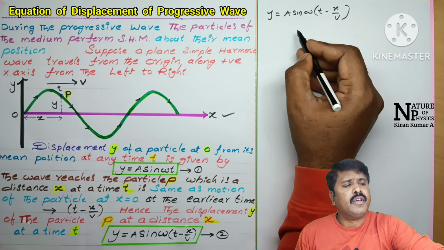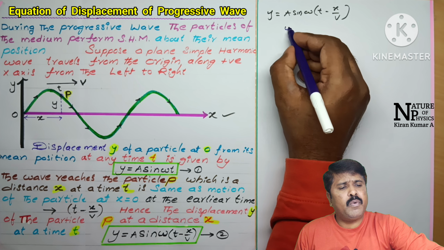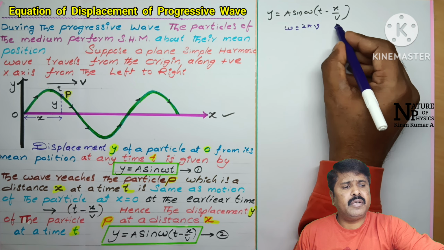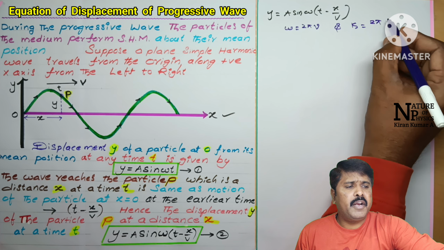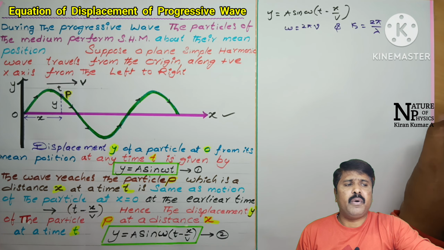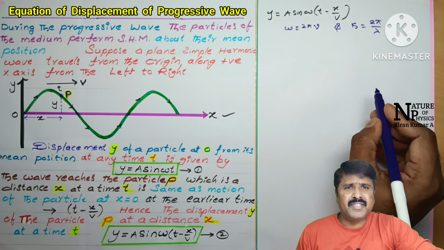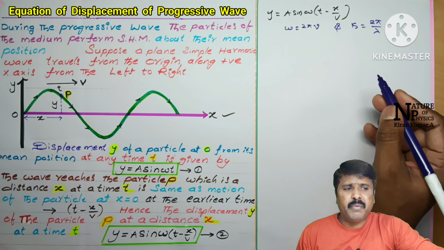The basic relations are omega equals 2 pi mu, and k equals 2 pi divided by lambda. k is the propagation constant, and omega is the angular velocity of the wave. Replacing the values step by step, we will get the different derivations.